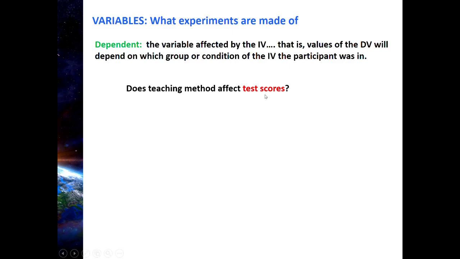Hopefully not, because we're not face-to-face right now, but this is just to help you understand why this is the dependent variable. We call it dependent because whether your score is high, medium, or low is going to depend on which teaching method group you were exposed to, which level. Let's go through the other examples. Sorry, I forgot that this line was going to pop up, but you want to see if test scores differ between online and face-to-face. So you're saying test scores depend on which of these groups you're in.